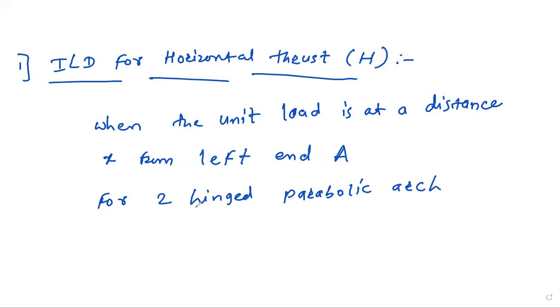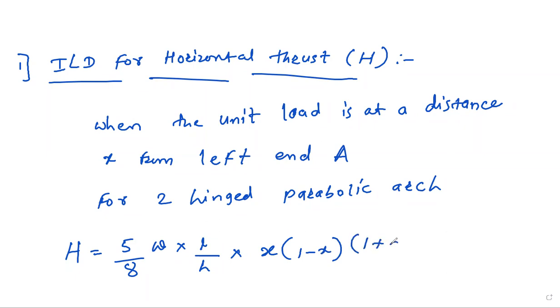two hinge parabolic arch, you know the equation of H is equal to, write down, 5 by 8 W into L by h multiplied by x in bracket 1 minus x in bracket 1 plus x minus x square.